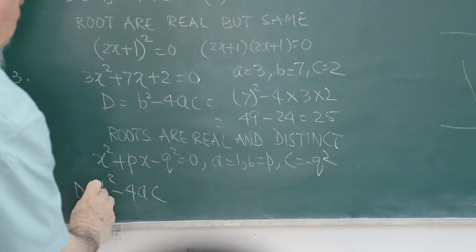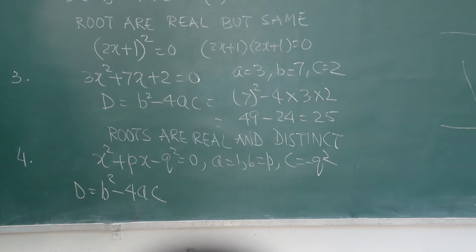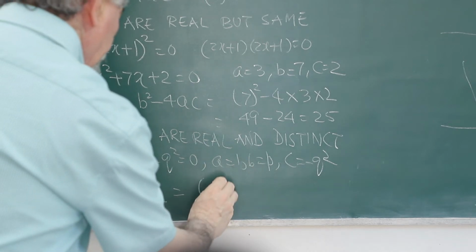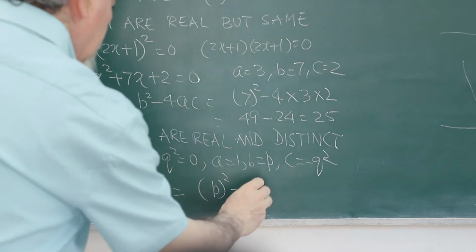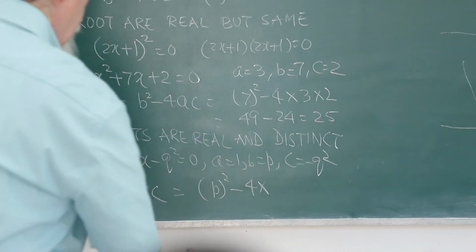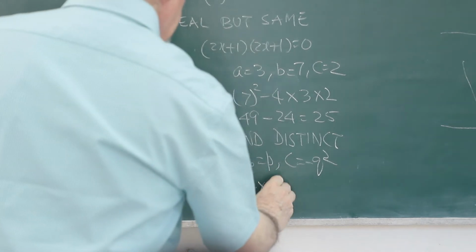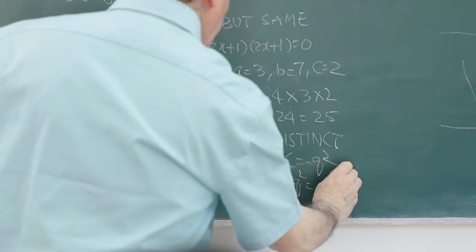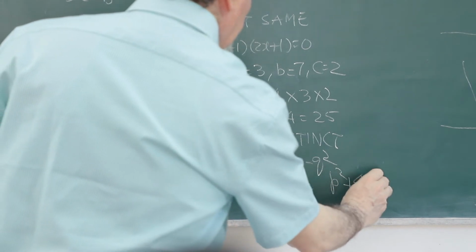D will be equal to B square minus 4AC, which will be, B is P, whole square minus 4, A is 1 and C is minus q square. So you get P square plus 4q square.